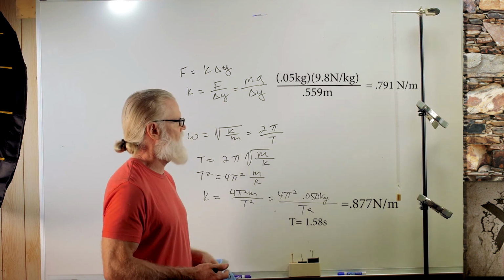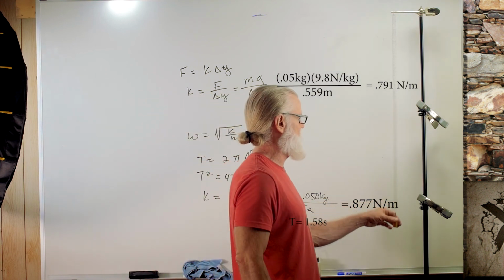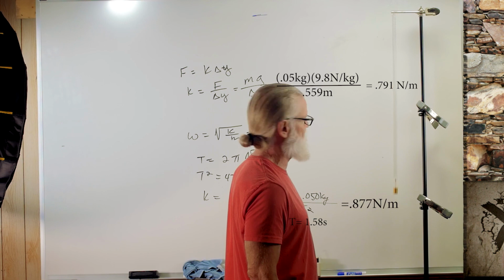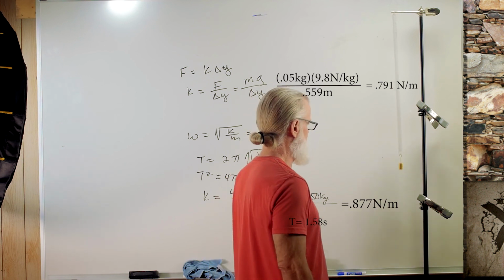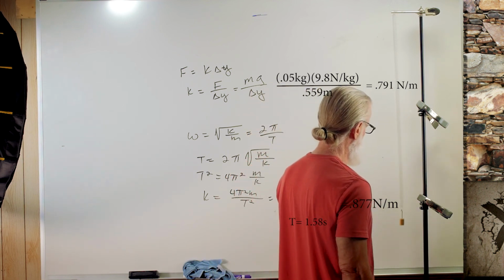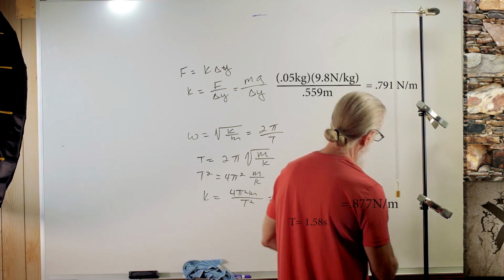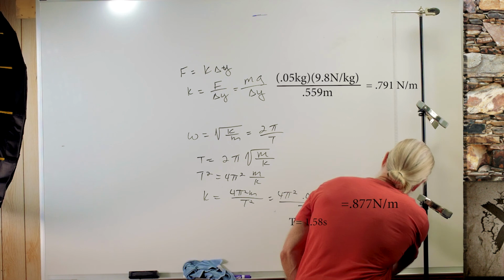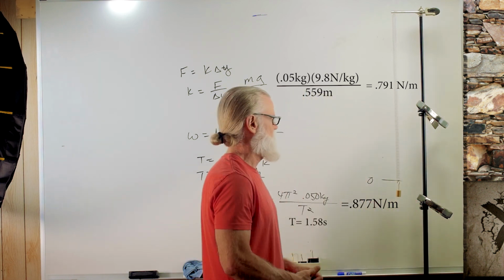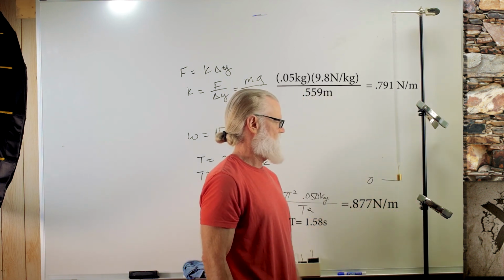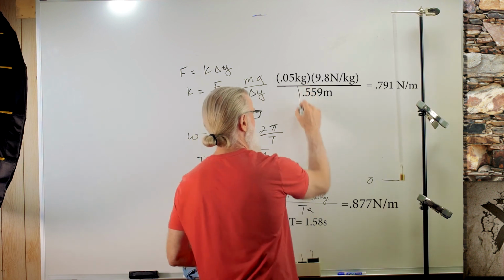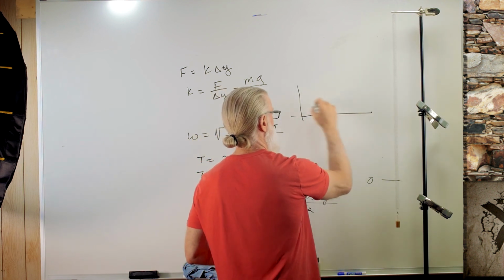All right, so a vertical oscillator behaves just like a horizontal one. The only thing that gravity does is establish where this equilibrium position is. So now we can model it just like this.